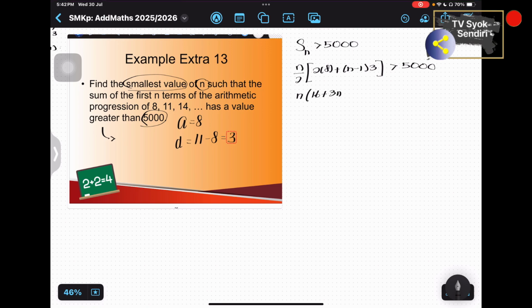So I have my n, I have 16 plus 3n minus 3, close it up, greater than 10,000. Next, we are going to have 3n squared plus 13n minus 10,000 greater than 0.